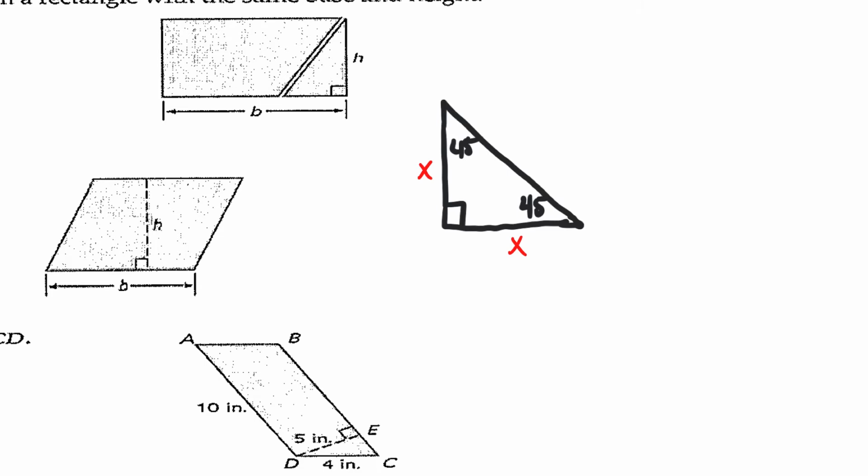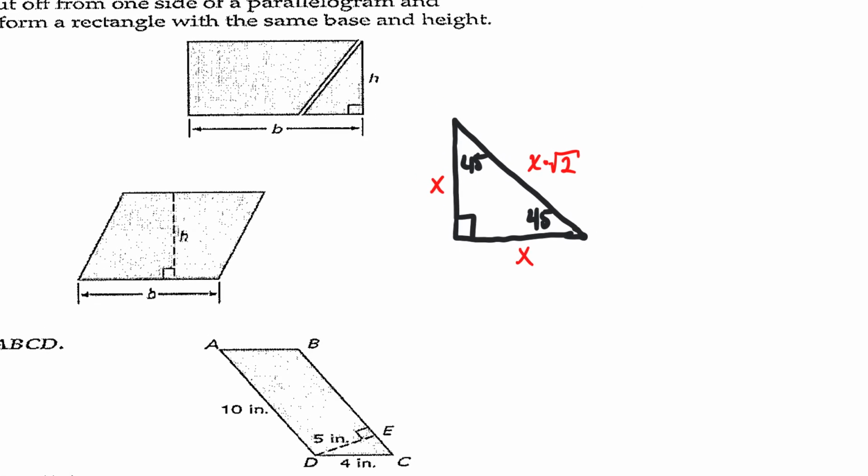Then how do I find the hypotenuse from those legs? Multiply by 2? Not by 2, by the square root of 2. Okay? It's been a while since we've talked about this. So, for instance, let's say this side is 5. How long is this side? 5.